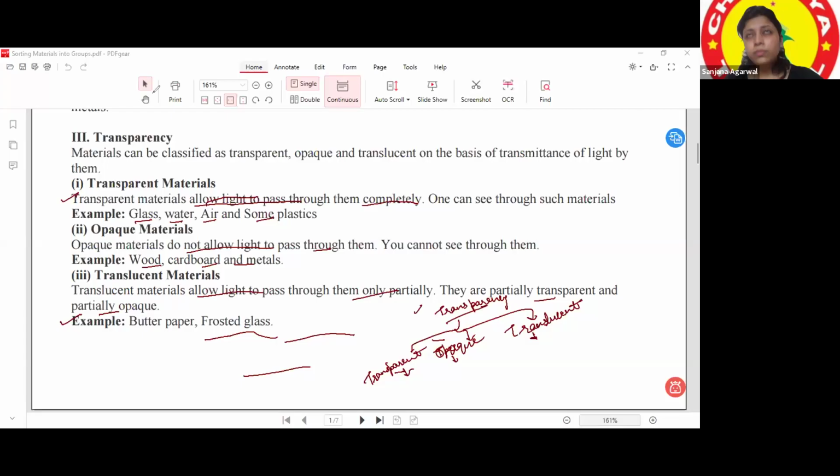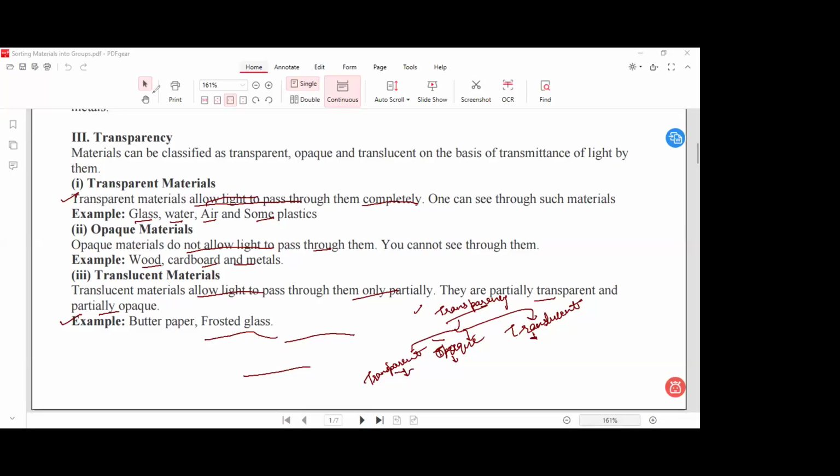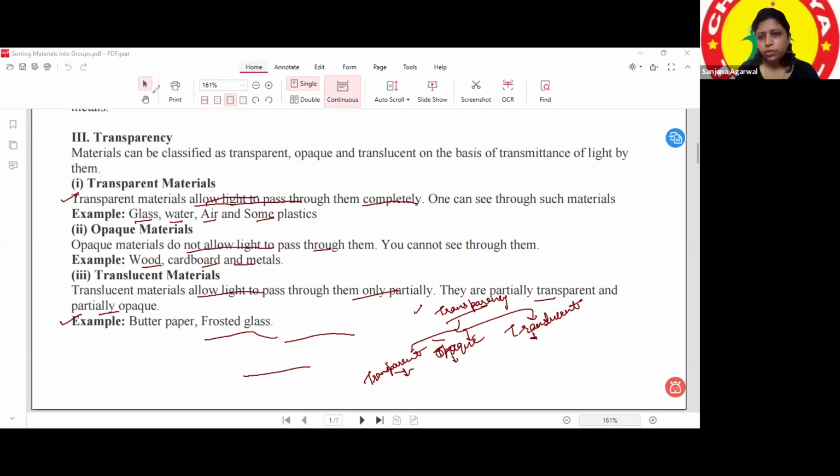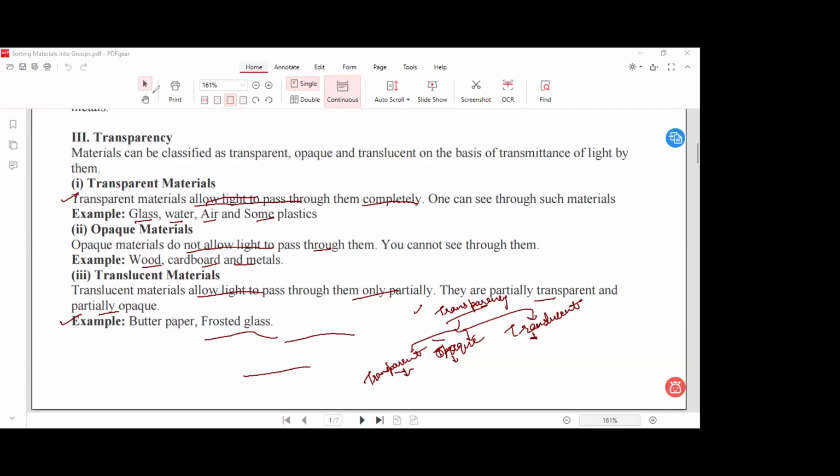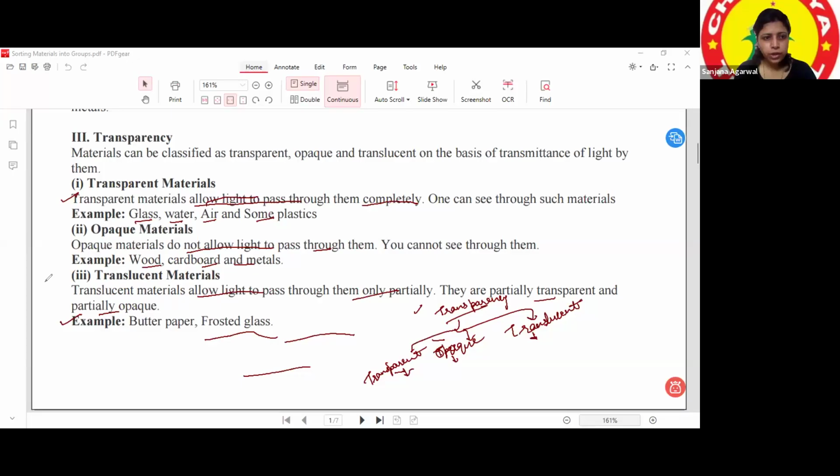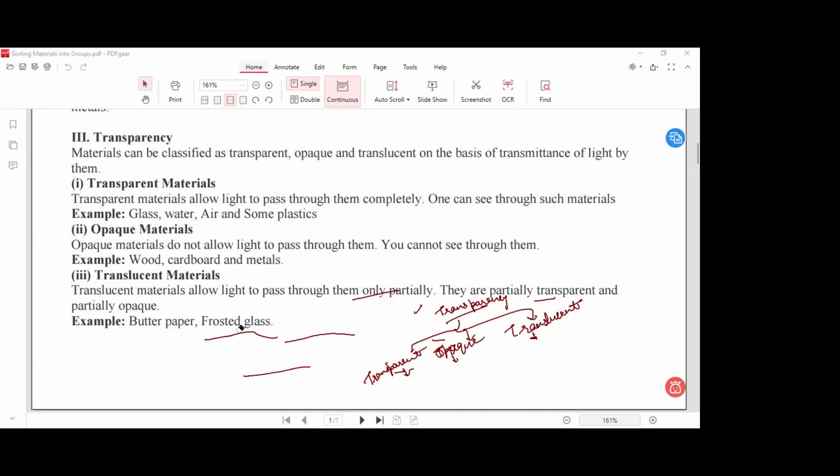I hope it is done now. Yes, ma'am. Neha, Harshit, Trilokya. Done, ma'am. Okay. Moving ahead.